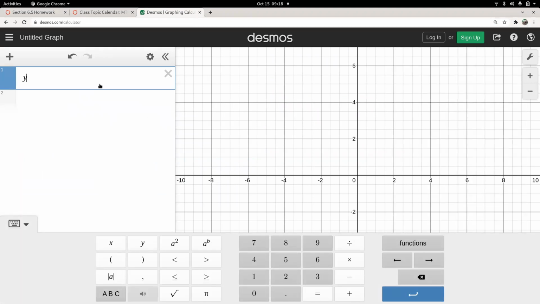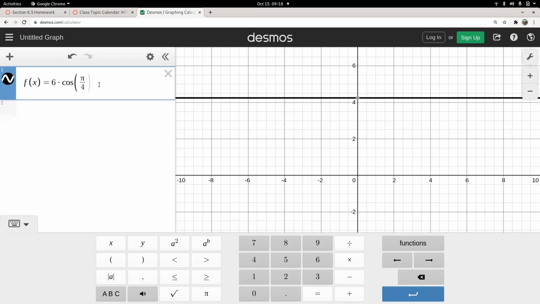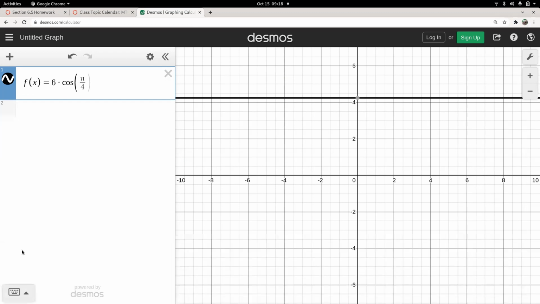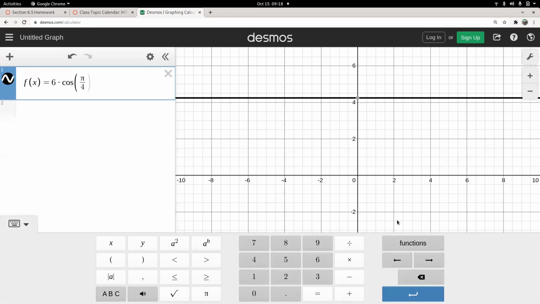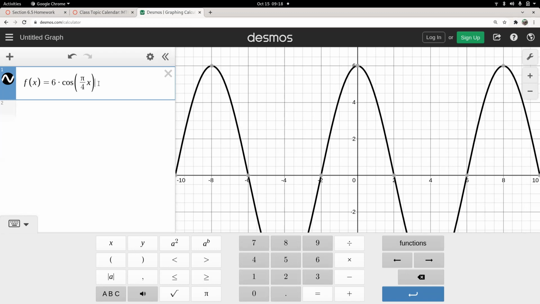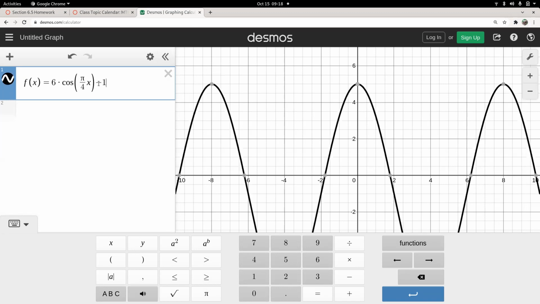All right, so we think, I'm going to call it f of x equals 6 times the cosine of pi over 4. And again, you can get cosine and pi from this menu and this menu here. And then I need times x, and then I need to shift it down 1.